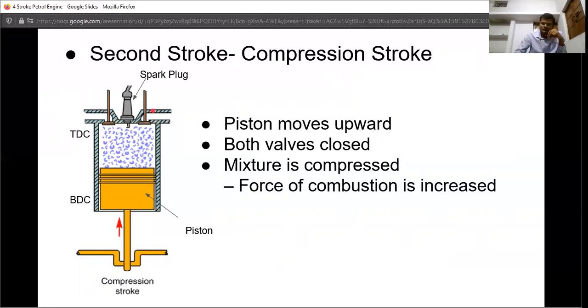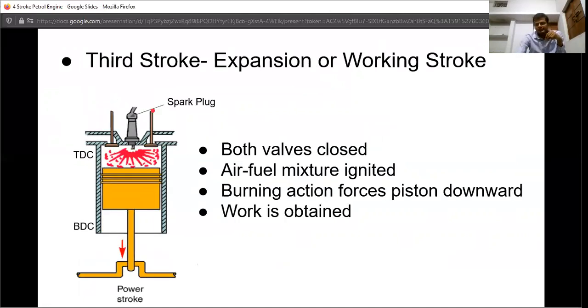The next, third stroke is the expansion or working stroke. When the mixture is ignited by the spark plug, hot gases are produced, which drive the piston from top dead center to bottom dead center, and thus work is obtained. That is why this stroke is called the working stroke.